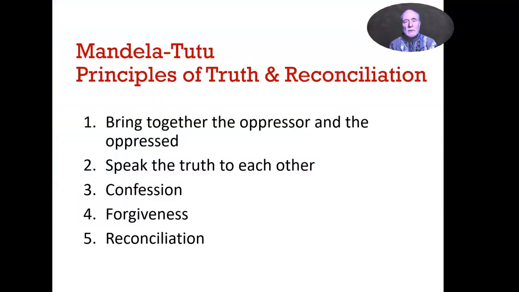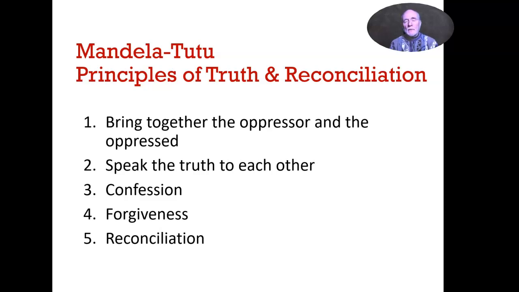The Mandela-Tutu Principles of Truth and Reconciliation involved 5 principled steps. Bring together the oppressor and the oppressed, speak truth to each other, confess, forgive, and reconcile.